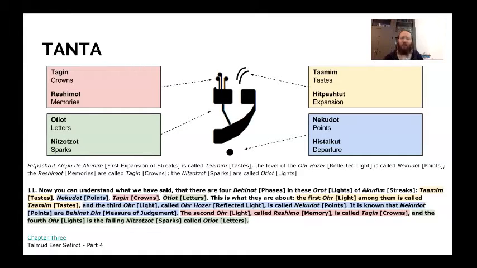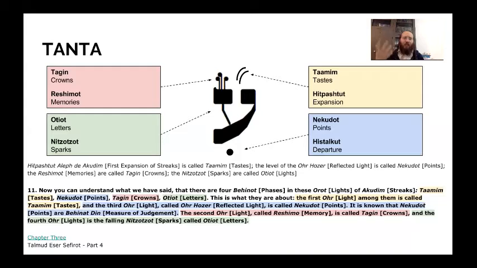The next part is called Nekudot. Nekudot are points or deficiencies. In Kabbalah this is represented by Histalkut, which is departure. It's also called Histaklut Bet, the second observation. The difference between the expansion and the departure is that the expansion is the lights going into the body, and the departure, or the points, is when the lights are going out of the body, step by step.